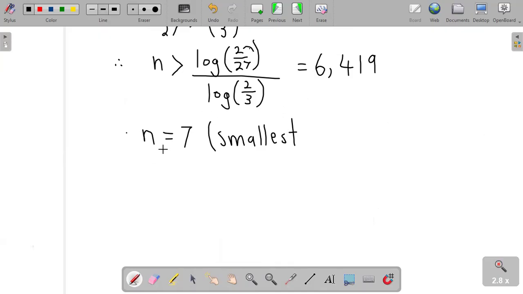Remember that n has to be a whole number, so the smallest value that will give the sum greater than 25 is 7.